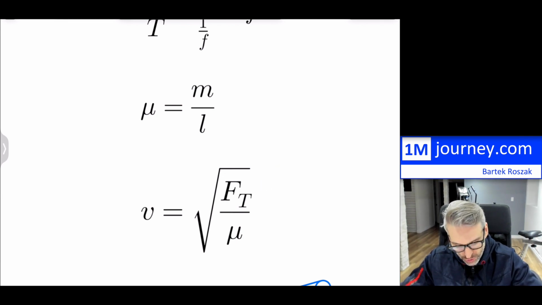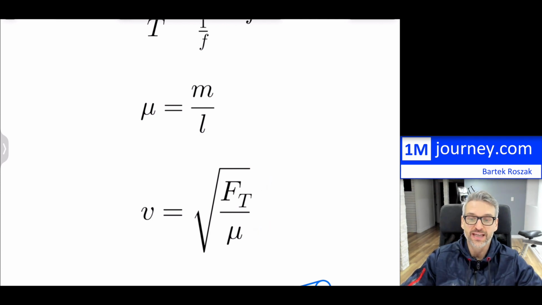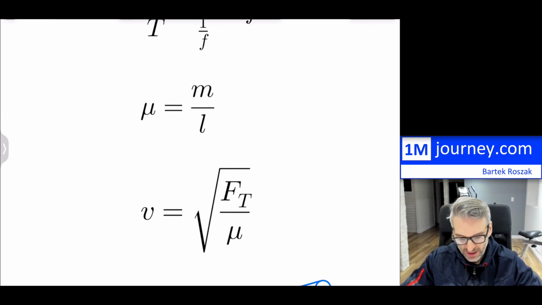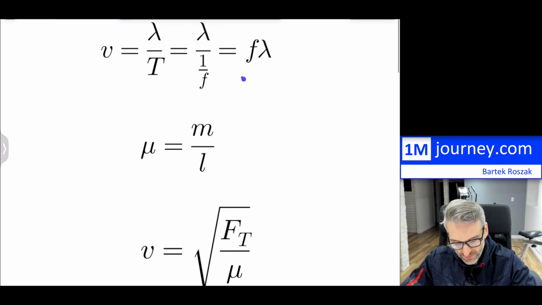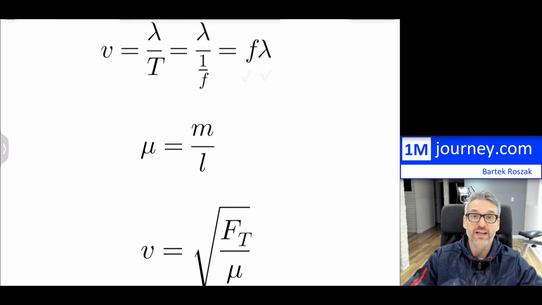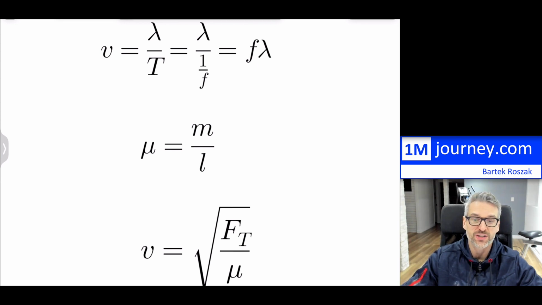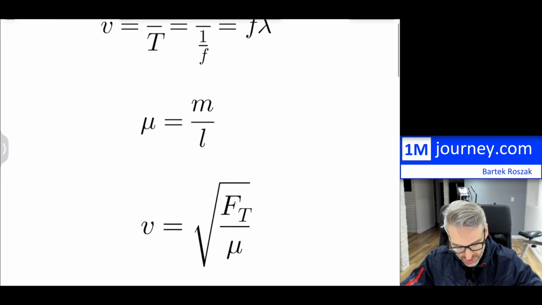And if you tune it to a certain tension where you have a certain linear density, then you can actually hit whatever speed you want. That particular speed is then related to the frequency and the wavelength. So you can create music, and you can have the certain tones that you actually want by properly tuning the tension. So that is very neat to see.